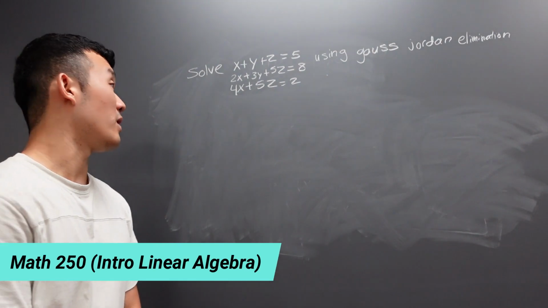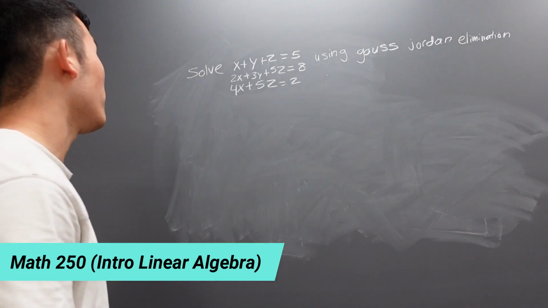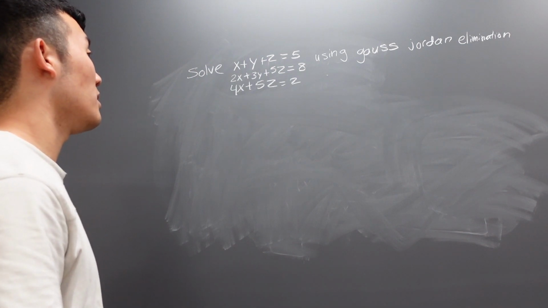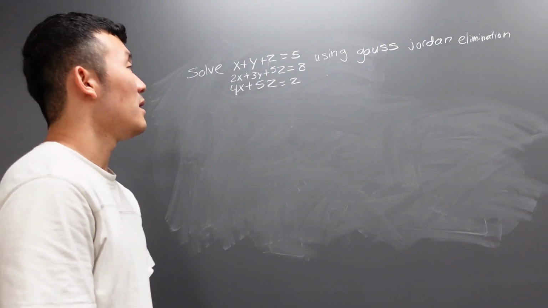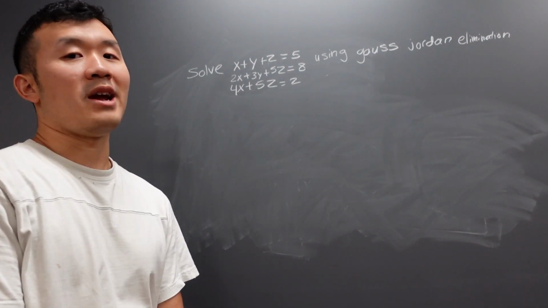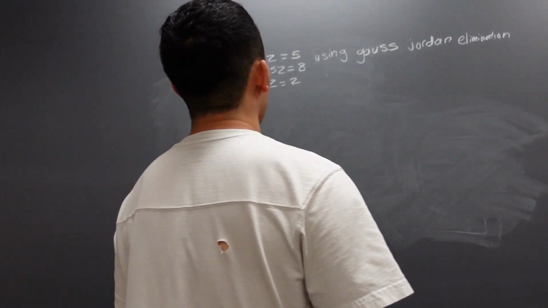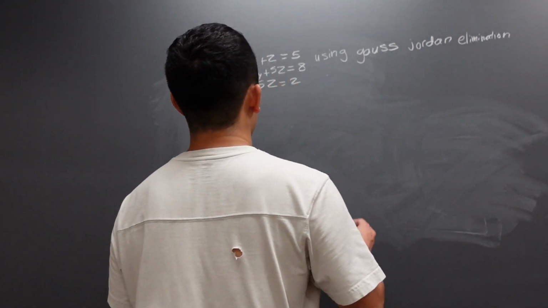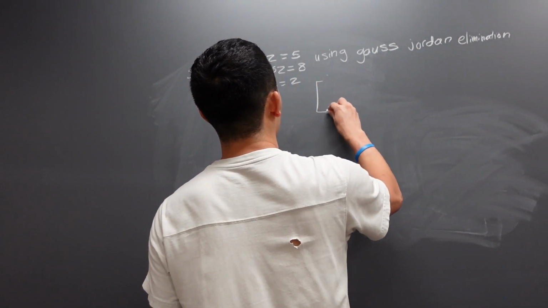Alright, so in this next problem here, we're trying to solve this system of 3 linear equations using the Gauss-Jordan elimination method. And what I remembered in my linear algebra class is that when you're trying to solve this with 3 equations, I would think of it as a matrix.